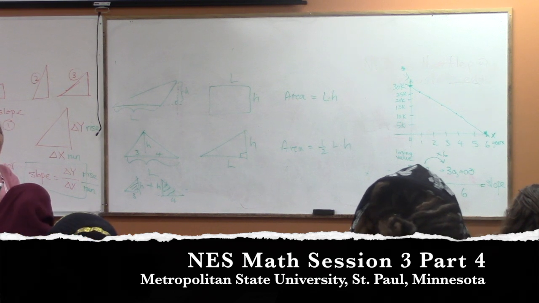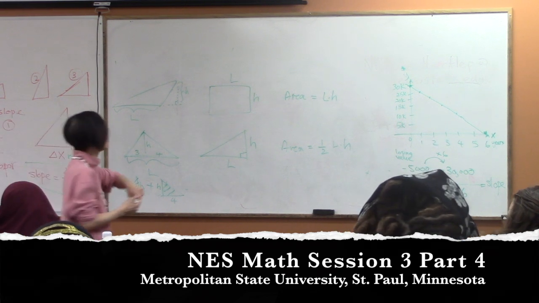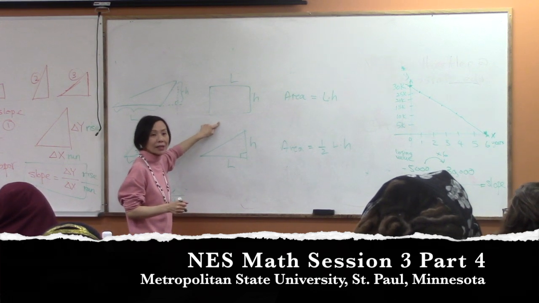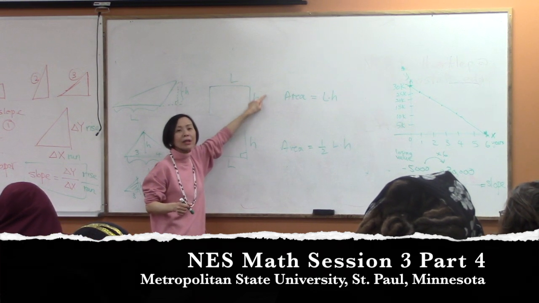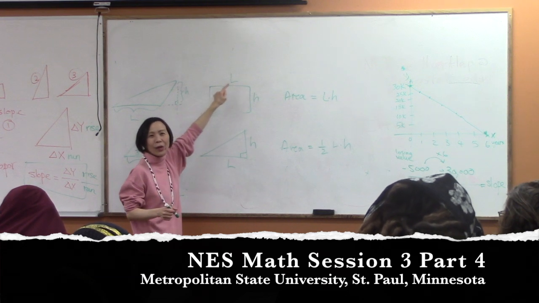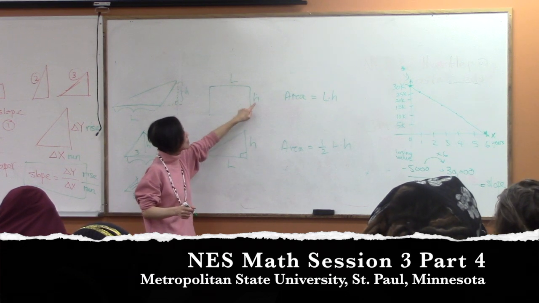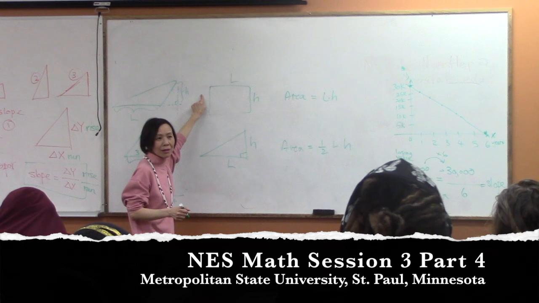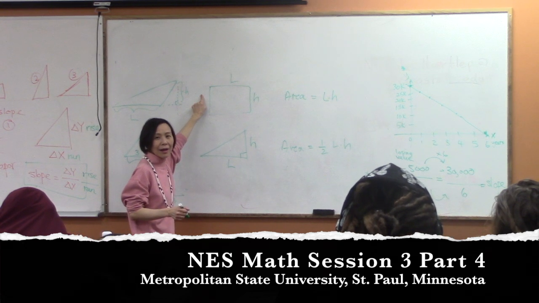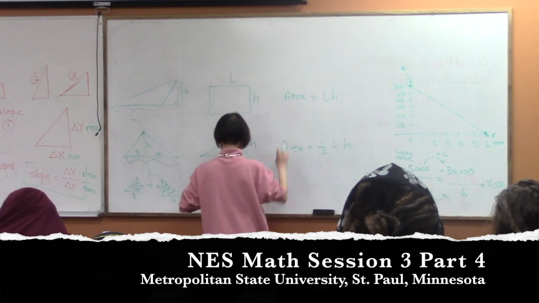Oh wait, sorry. Yeah. So for perimeter of a rectangle, think about perimeter as going around. So it's L plus H plus L plus H. Okay, so this is area.